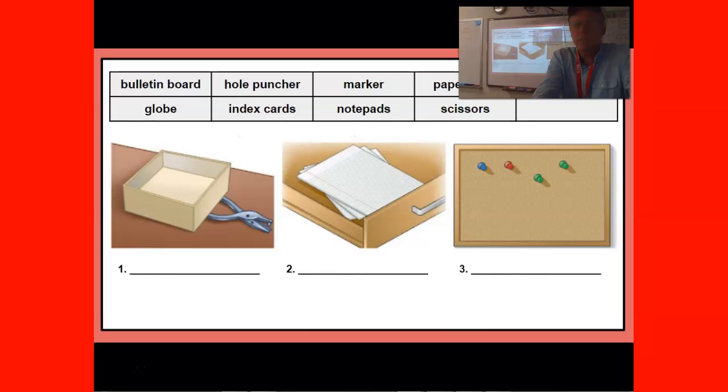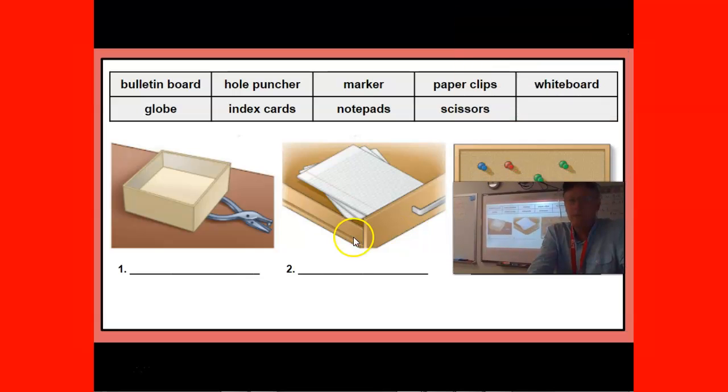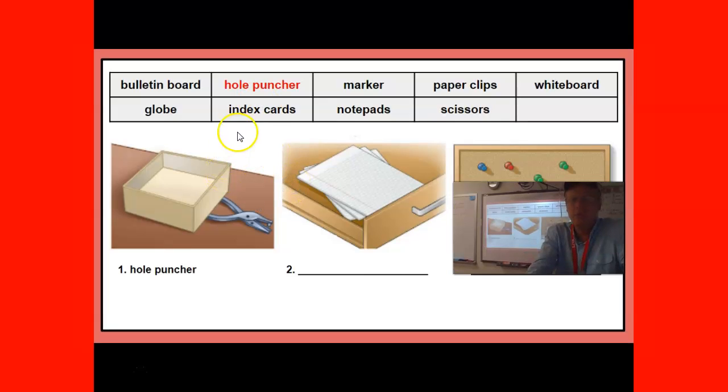First of all, let's review some vocabulary. So, do you remember what this is called from yesterday? Good, a hole puncher. It's a hole puncher. How about this picture? Well, it's got to be one of these. It is, yeah.